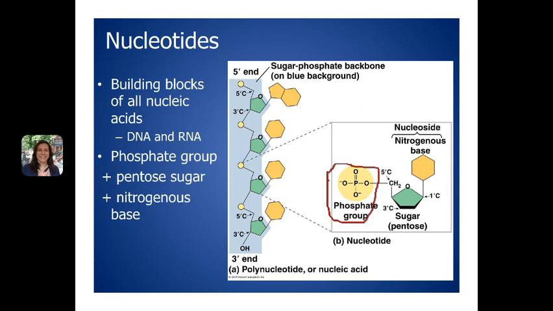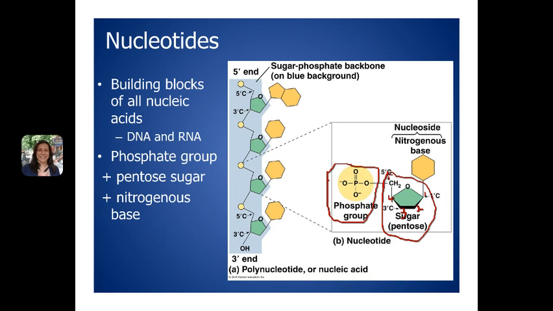Then there is a pentose sugar. We're circling that one over here. And the pentose sugar means that it is a sugar that has 5 carbons in its skeleton. The carbons are shown here. So number 1, 2, 3, 4, and 5. And notice they have the numbers 1' to 5'.